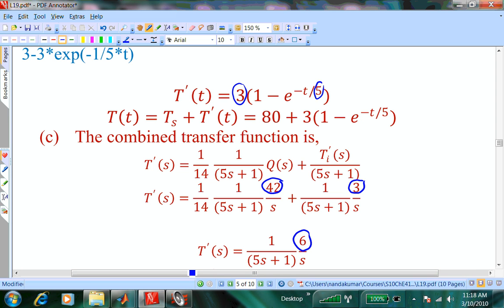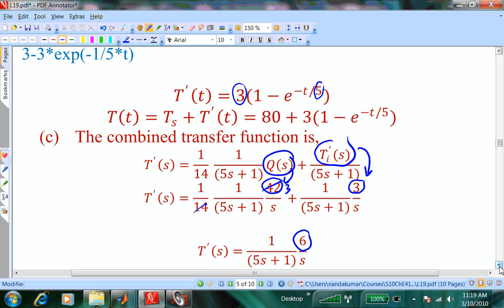Okay. So here I have both Q and T prime. Neither one is 0. So there are 2 excitations on the process. I'm increasing Q, at the same time I'm increasing the inlet temperature. I'm increasing the inlet temperature by 3, and I'm increasing Q by 42 kilowatts. Okay? And when you simplify that, you will have this cancelling with this giving you 3, and 3 plus 3 gives you 6. Okay? So this is the net effect of having both of them.